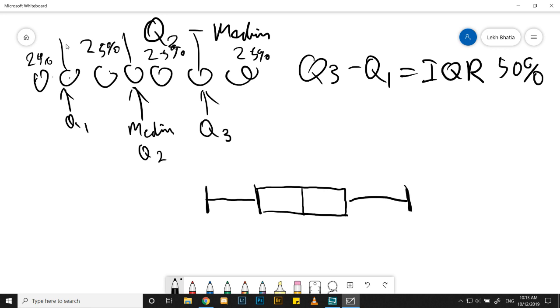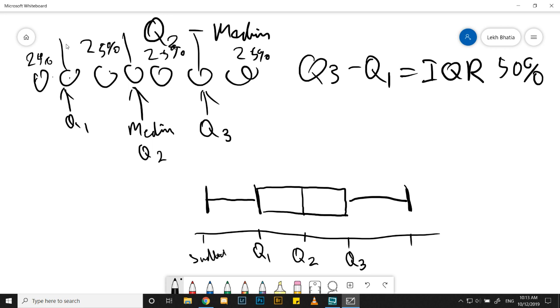That's what our plot would look like. You would have a little scale at the bottom. Where this line is, that's your Q2. Over here is your Q1, and here is your Q3. Then over here is your smallest value, and over here you have your largest value. And that's the whole distribution.